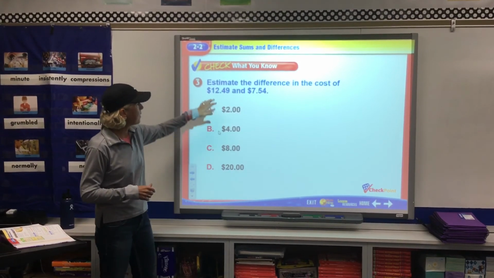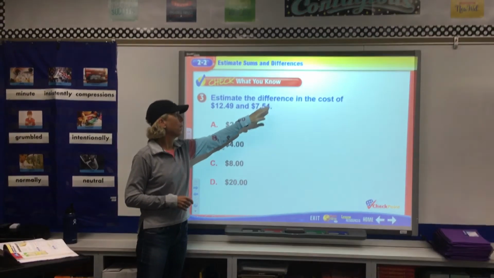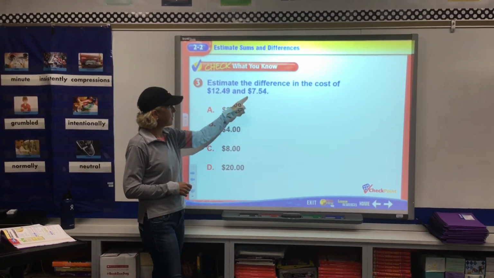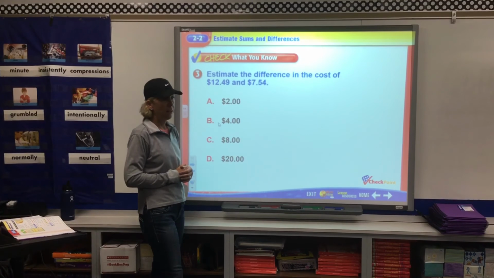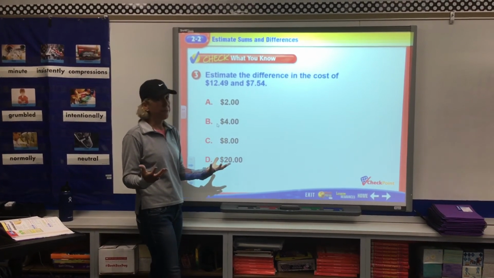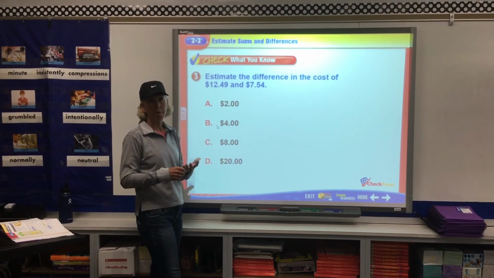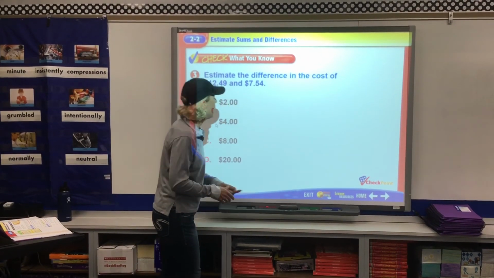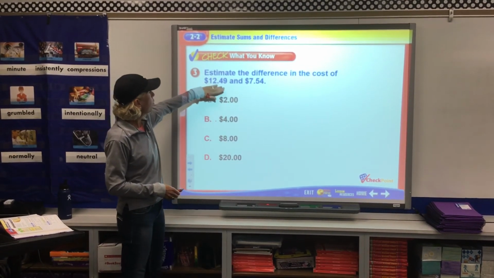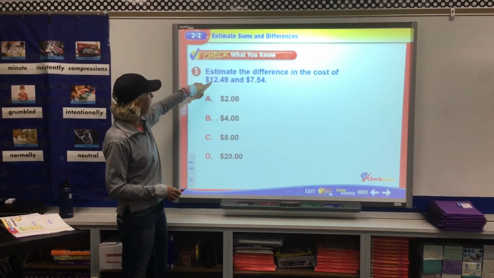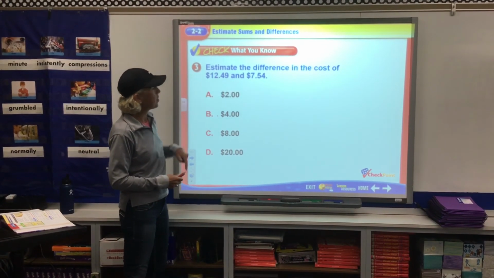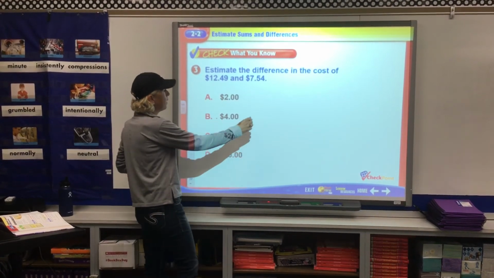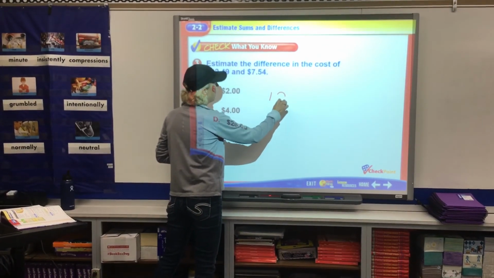Now here they're asking us to estimate the difference in the cost of $12.49 and $7.54. We know when we hear the word difference, we're thinking of the operation of subtracting. So if I wanted to estimate, I'd say, well, I think that I'm going to round these to the nearest dollar. So $12.49, I'm going to say that's closest to $12.